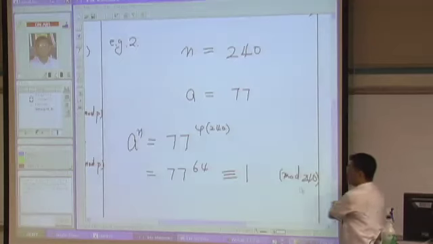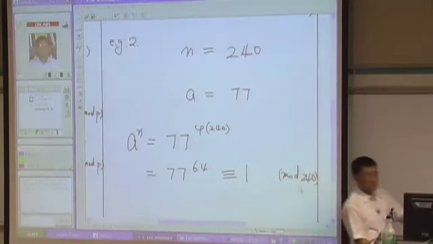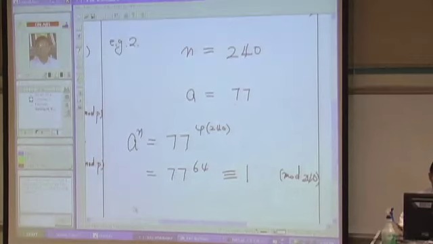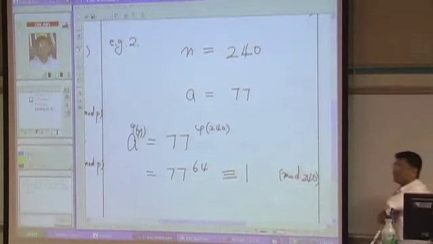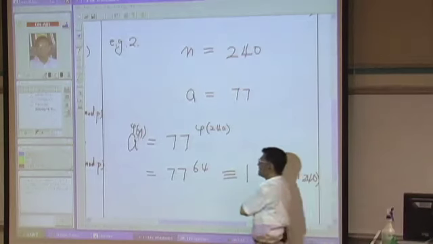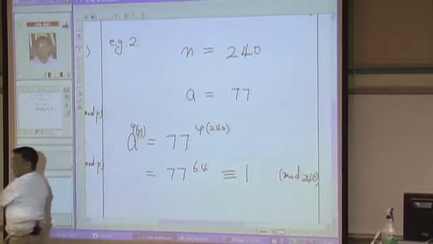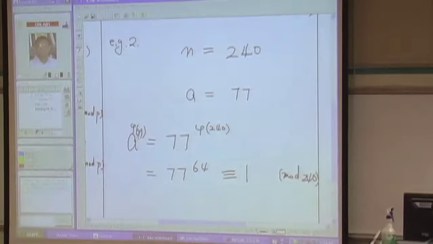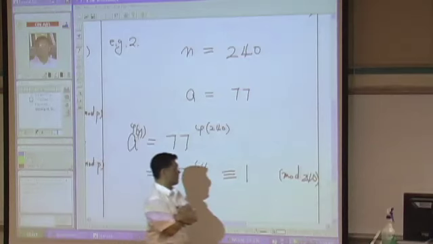So I will pause, and then you may check the idea. Oh, sorry, I wrote down n, but it is not n. It is phi of n. So a to the power of phi of n is always congruent to 1 mod n, right?